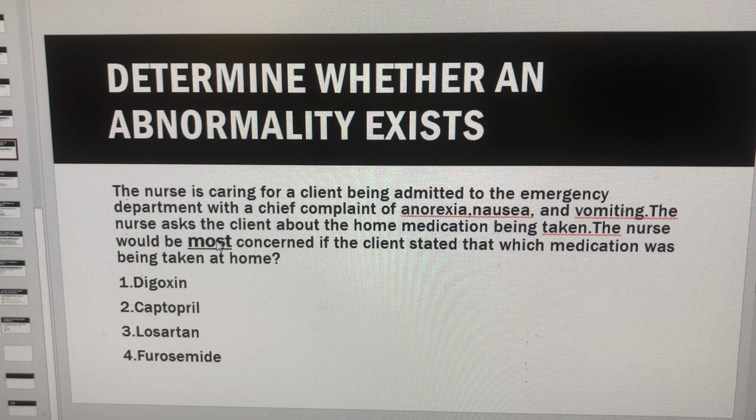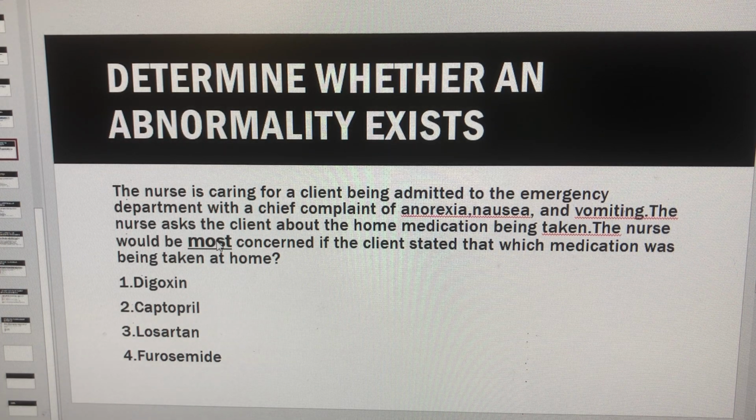The first step in approaching the answer to this question is to determine whether an abnormality exists. The client is complaining of anorexia, nausea, and vomiting. Therefore, an abnormality does exist. This tells you that this could be an adverse or toxic effect of one of the medications listed.